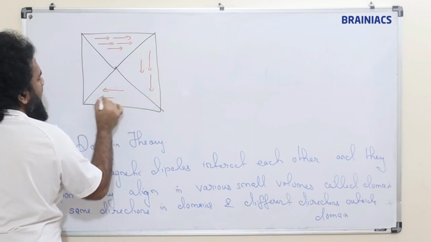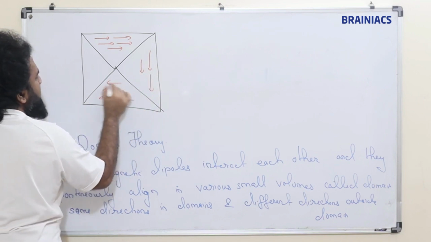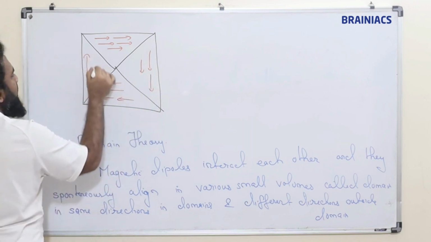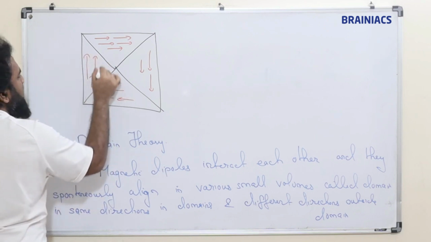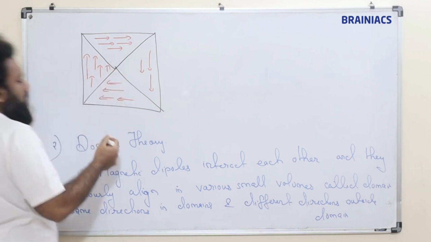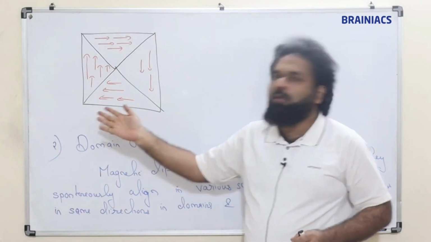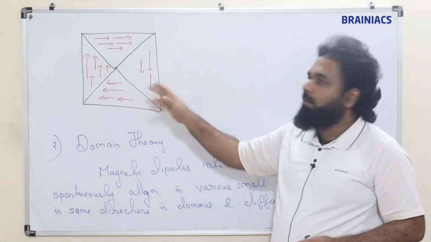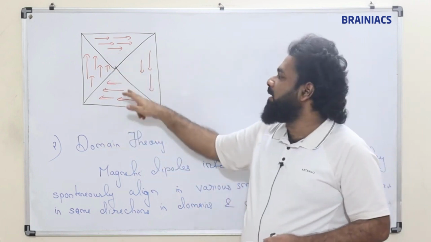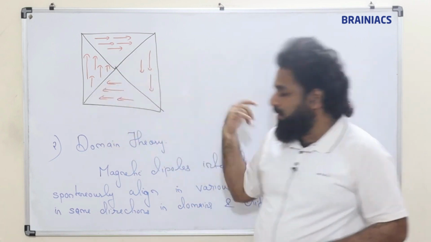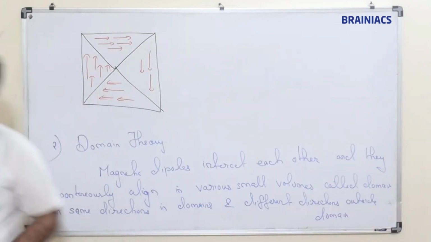In this domain we can see some dipoles like this, and here some dipoles like this. So various domains will be formed spontaneously, even without applying a magnetic field. Inside a domain they will be in the same direction, and outside the domain they will be in different directions. Please note it down.